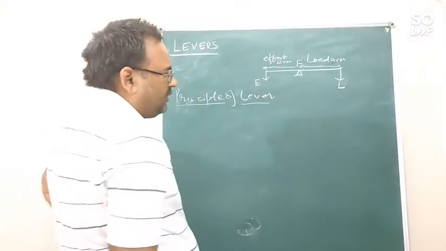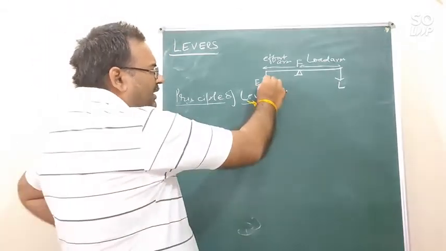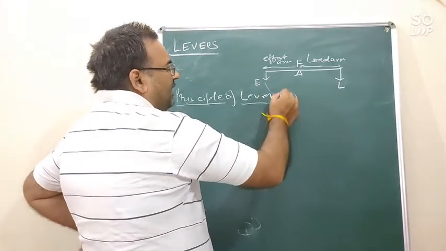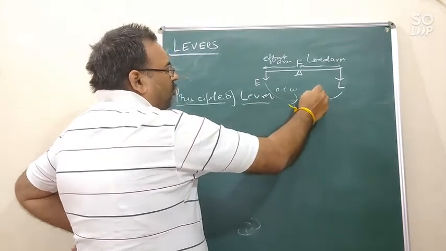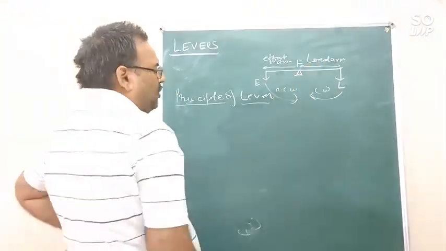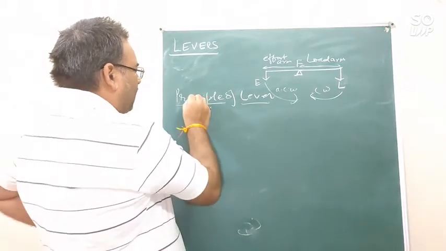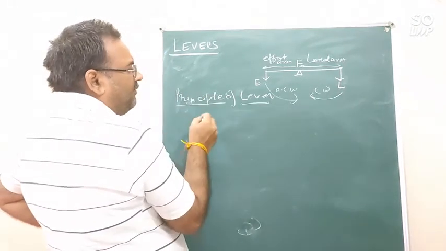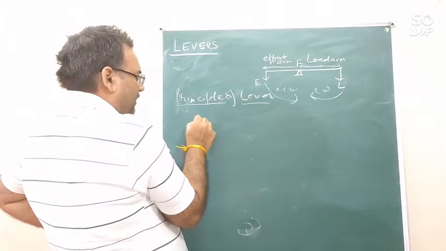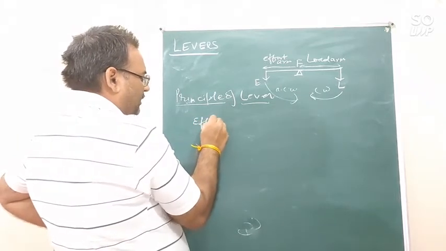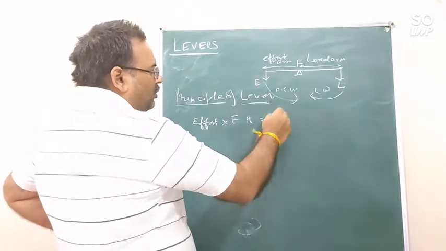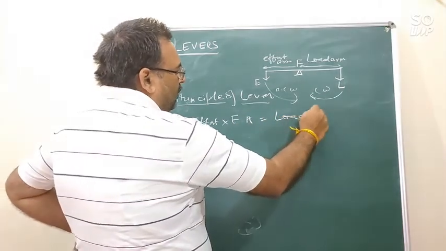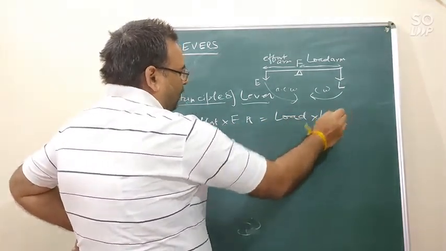So, moment. This direction is anti-clockwise and this direction is clockwise. According to the principle of moments for a lever, we have effort into effort arm equal to load into load arm.